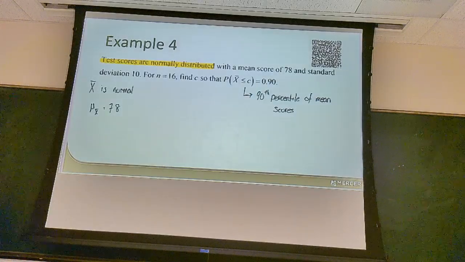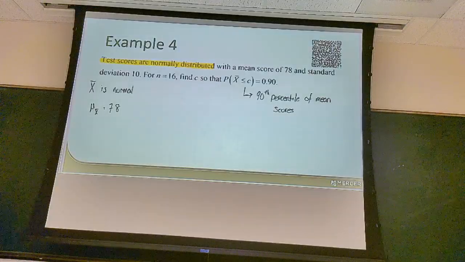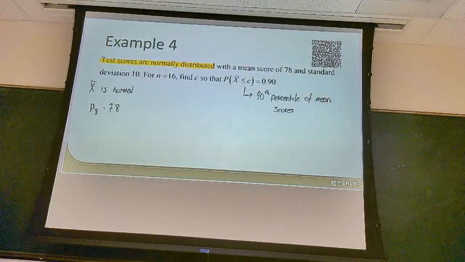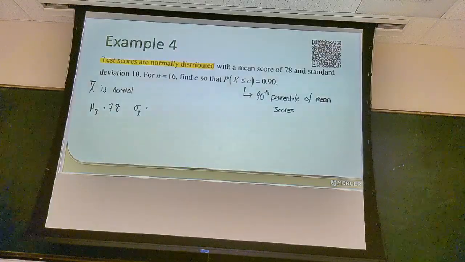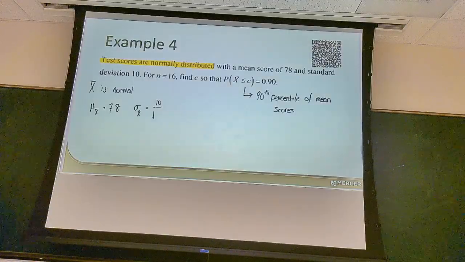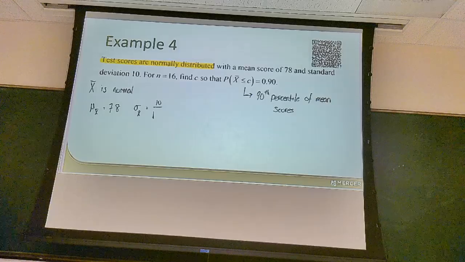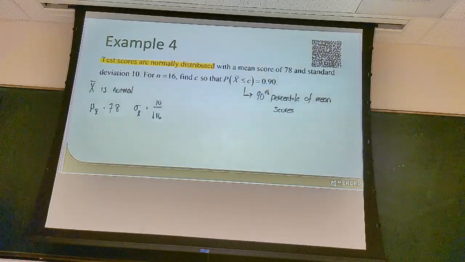Average test score 78, so that is the average of the means. Standard error, standard deviation, which is what, 10, divided by square root of the sample size, which is 16, isn't it?